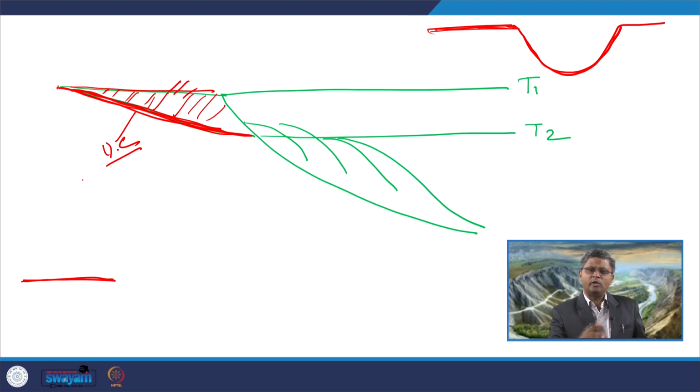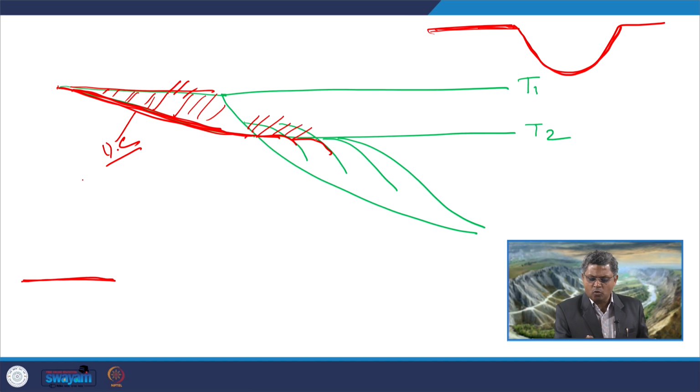So, when we look into the deeper part or the basinal part, what is happening over here? This part of the sediments is removed because this is now subaerially exposed, and they are forming this kind of offlap surfaces, which is a continuation of the subaerial unconformity.